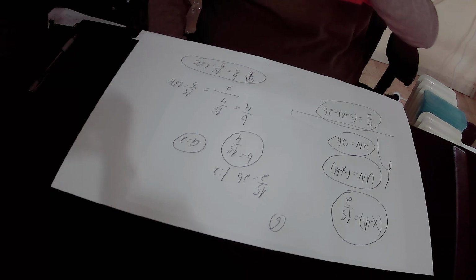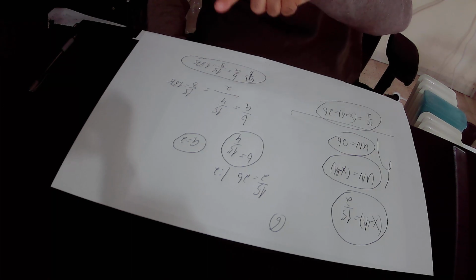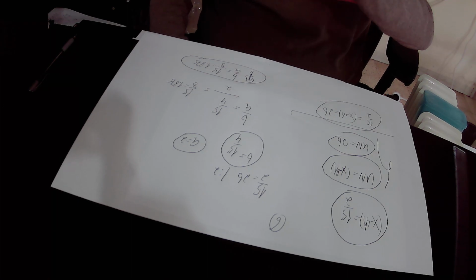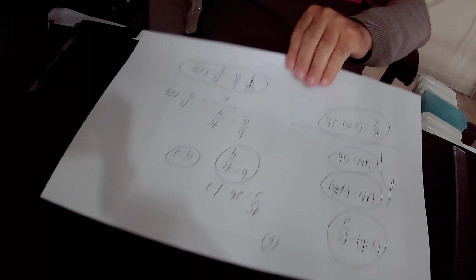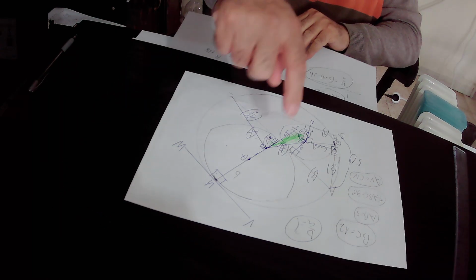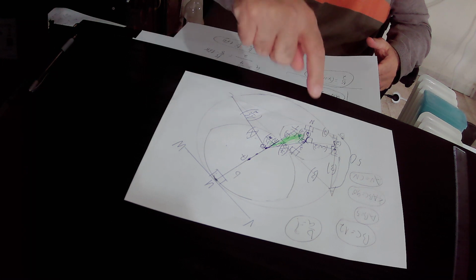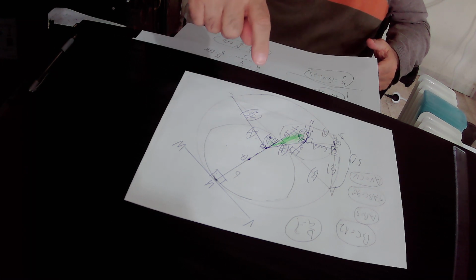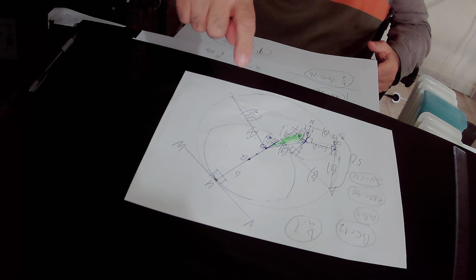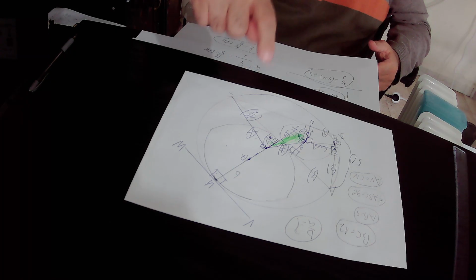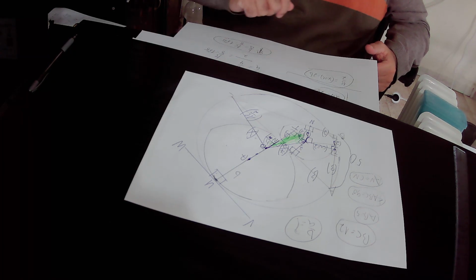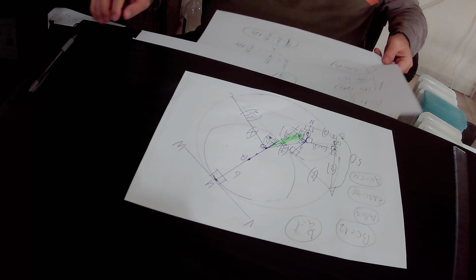So in conclusion, b over a equals 15 over 8, or in terms of numbers 1.875, without units. Again, the ratio between the radius of this circle and the radius of this circle, b over a, equals 15 over 8, or 1.875 without units. Okay, thank you very much.